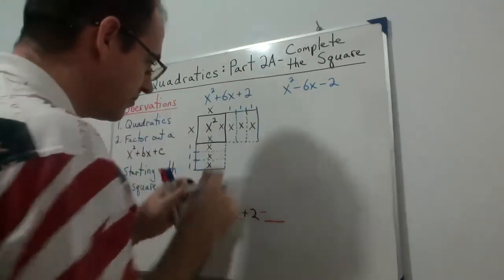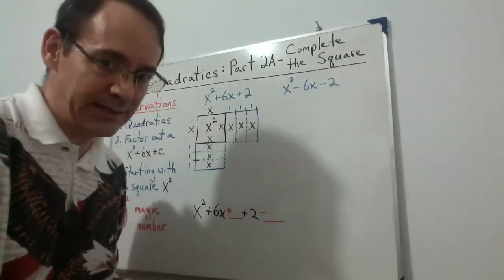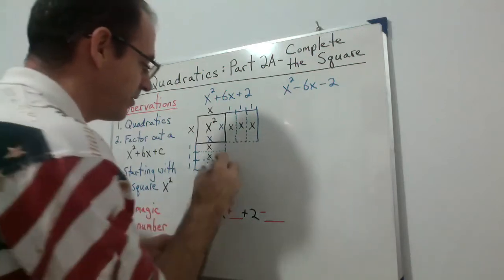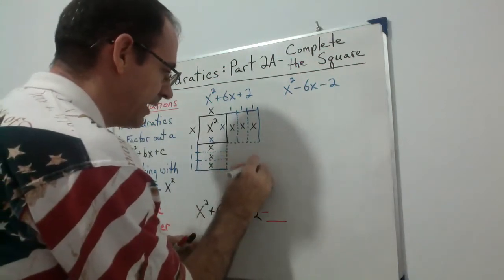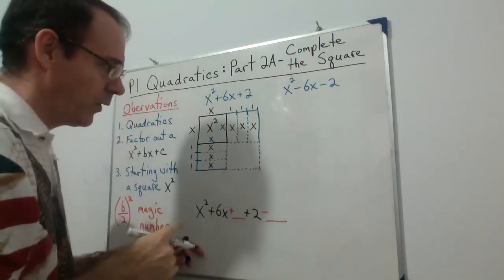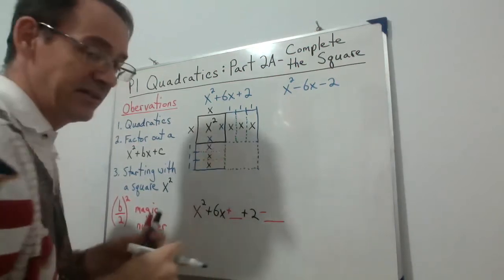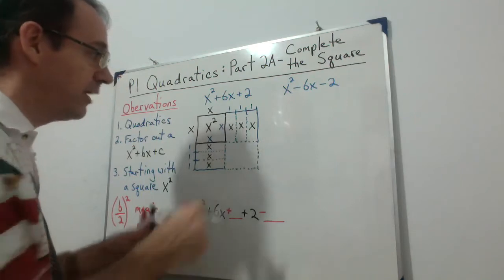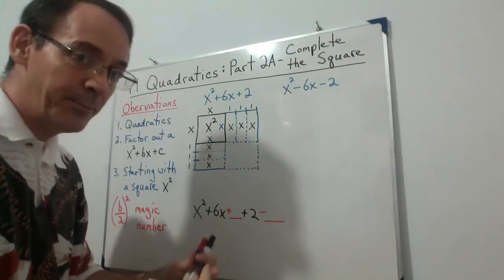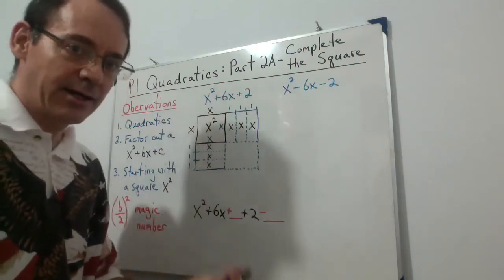Well, notice the square is not complete. We are missing this section right here. So how do we find out how much area is in this section? Because we need to complete the square, we need to add a number to make this square complete.